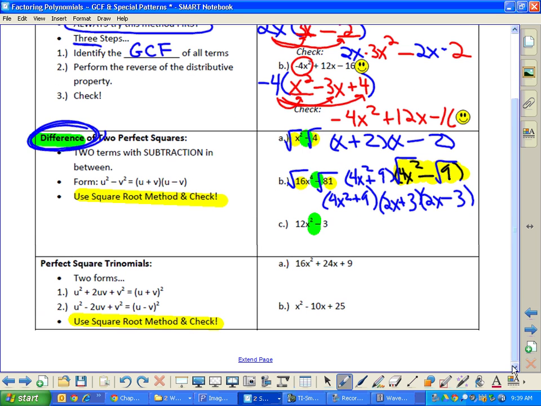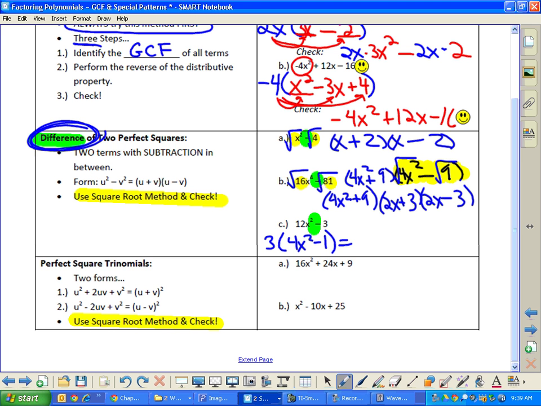Okay, last one of the day. It's the same method. We're going to use the square root method to do it. It just works out slightly differently. So if you take a look at part C, sorry. Did you try part C? Some of you have it done already. GCF method first, you pull out the 3, and then we have 4x squared minus 1.